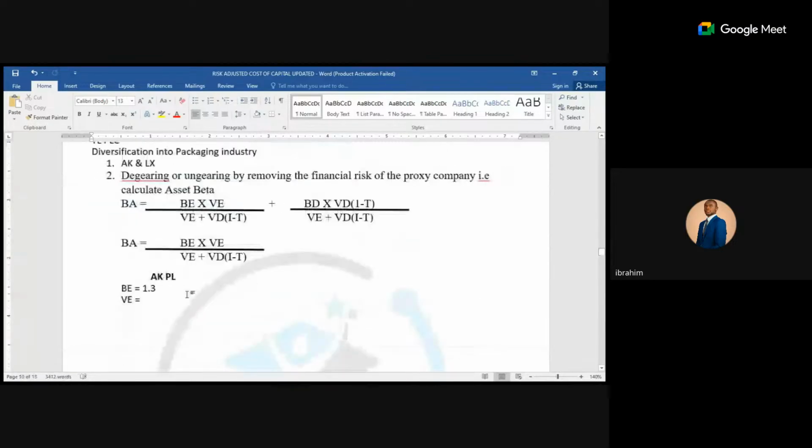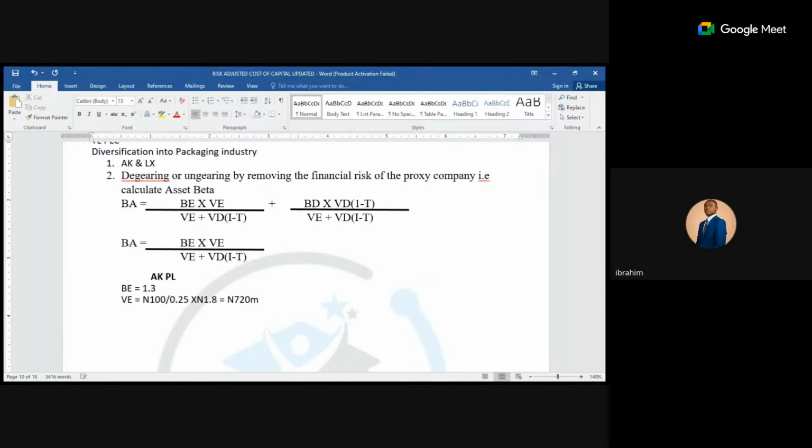So 100 million divided by 0.25 times the market price, which is 1.8. What is the market value of equity? 720 million.